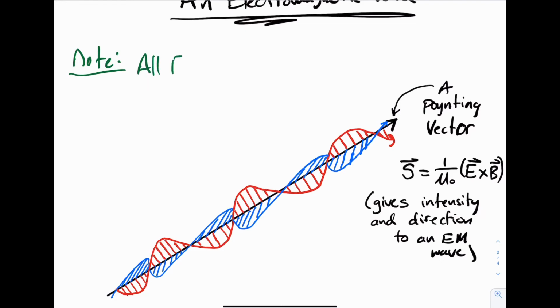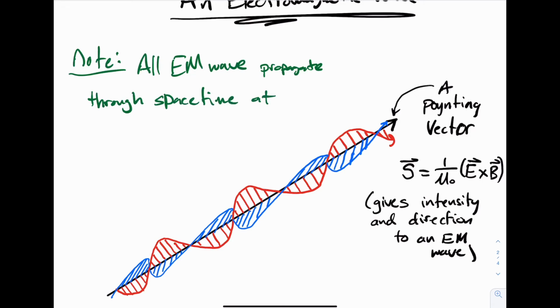Now, in general, all electromagnetic waves propagate through space-time at the speed of light. The speed of light is kind of the speed limit of the universe, so we think in physics.